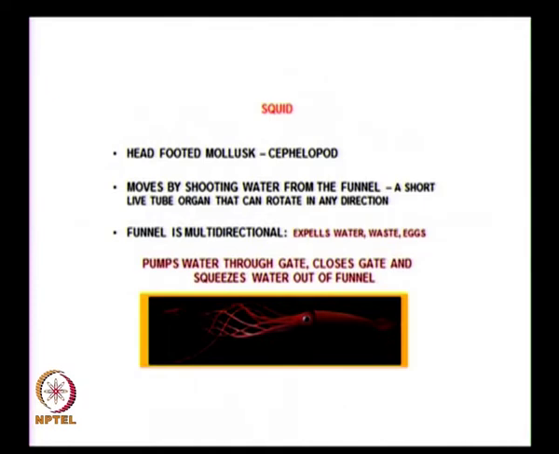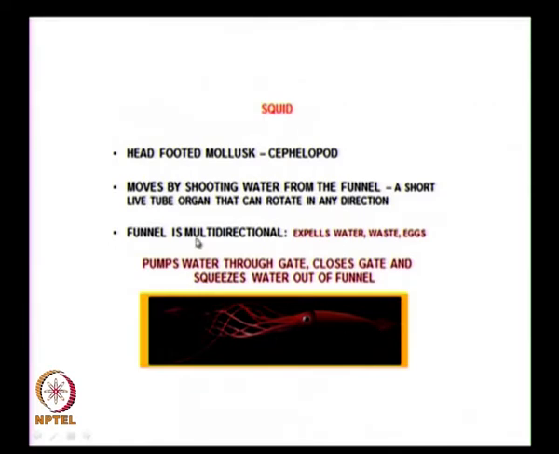Then it closes the funnel, closes its gate or the mouth as it were, and through its muscles it contracts itself such that it builds some pressure of water within the mouth. When it wants to move, it just opens the gate again and squirts out the water in this direction, and when it squirts out the water in this direction, it moves in this direction. It keeps on squirting the water and it propels itself.